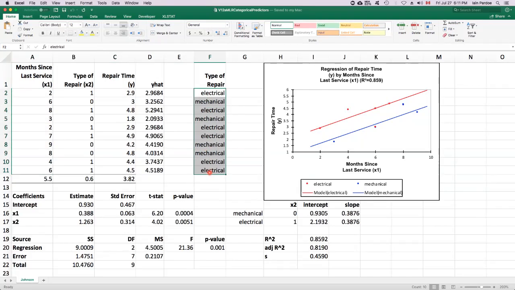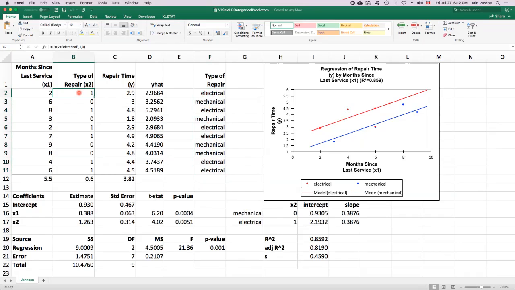And so the least squares method, which is used to estimate the multiple linear regression model, isn't going to be able to handle this, because it needs to work with numbers, not with words. So one way to handle this is to code this information into numbers. And the way we do that is using a dummy or indicator variable consisting of zeros and ones.